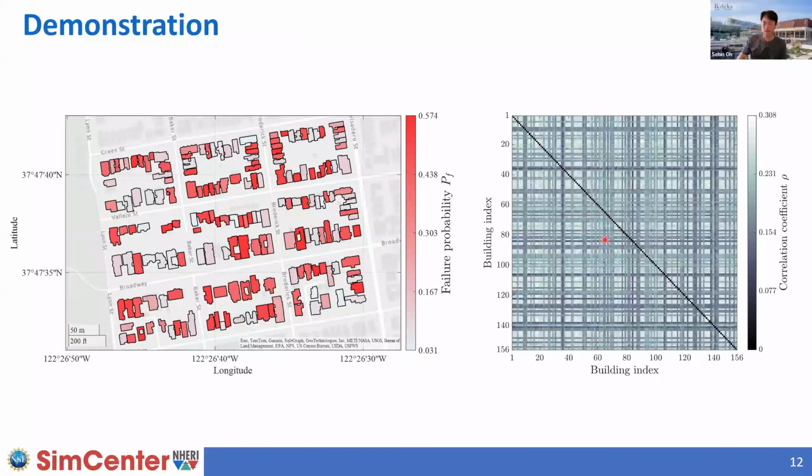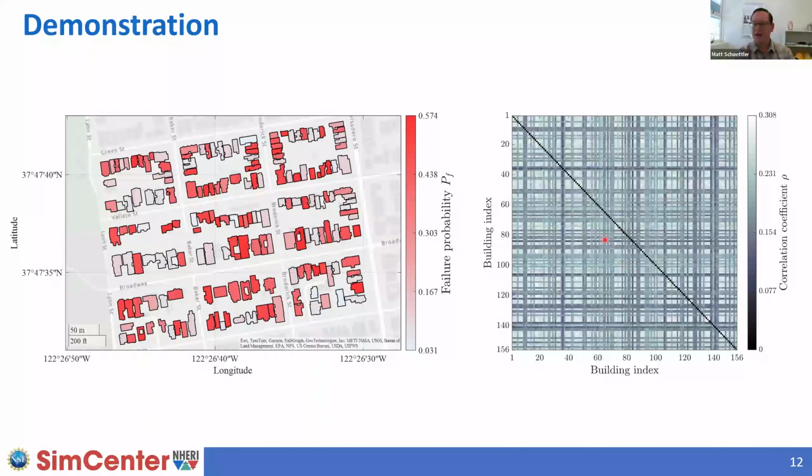Because when you use individual fragility curves to generate samples for each building, you're implicitly assuming independence. The accurate approach is to generate samples together, not one by one. To generate samples together, you definitely need a joint distribution, which is the fragility field.